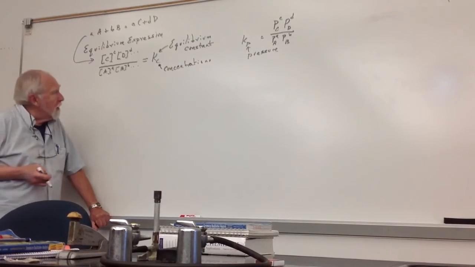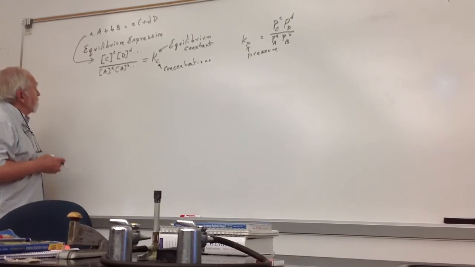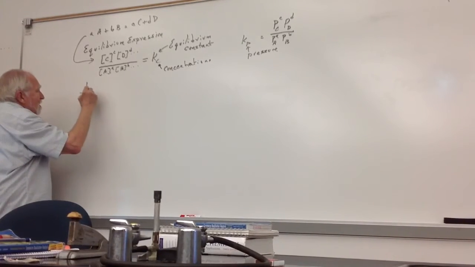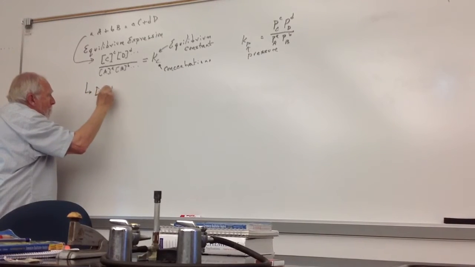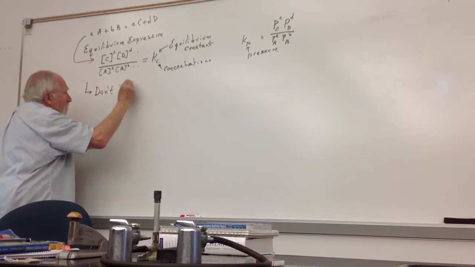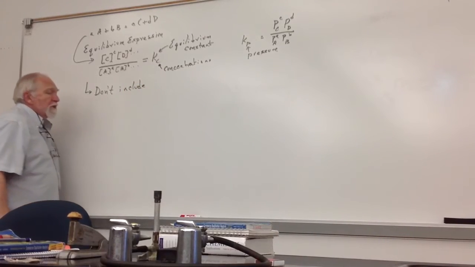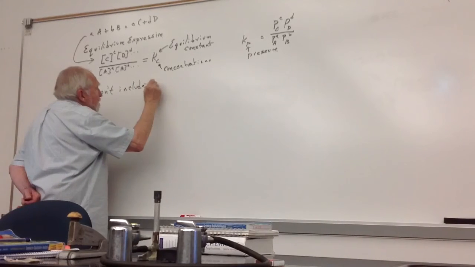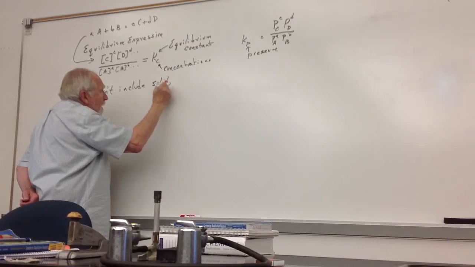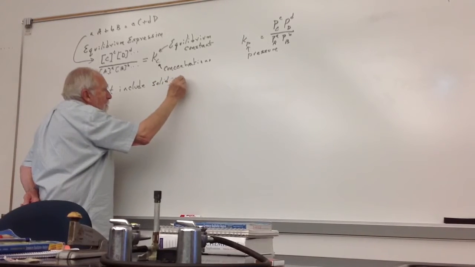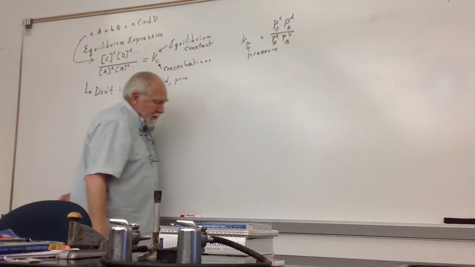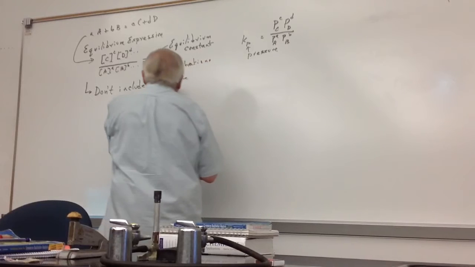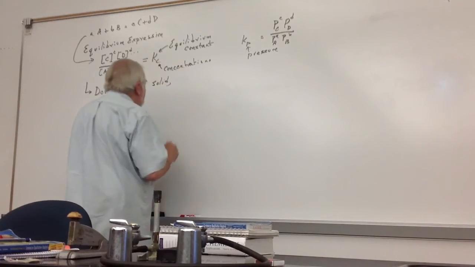Okay? Now, the first thing you want to do is write the equilibrium expression from the balanced equation. And here's the thing. We don't include certain things in the equilibrium expression. We don't include solids and pure liquids. Sometimes the word they use is neat liquid.